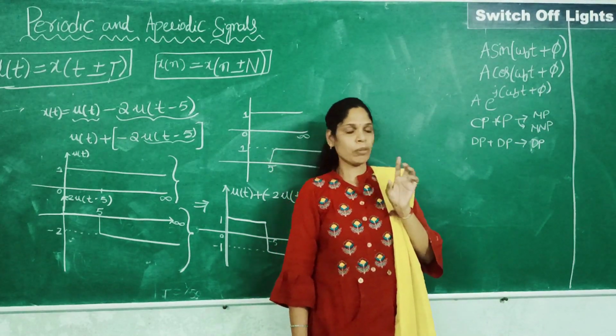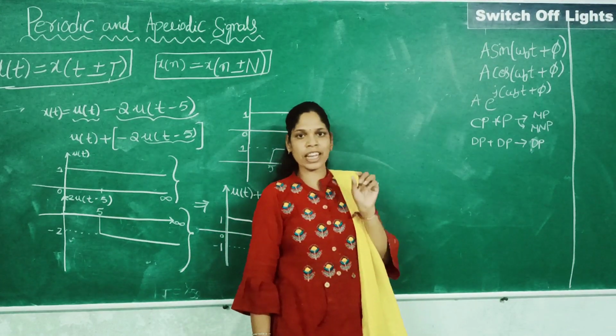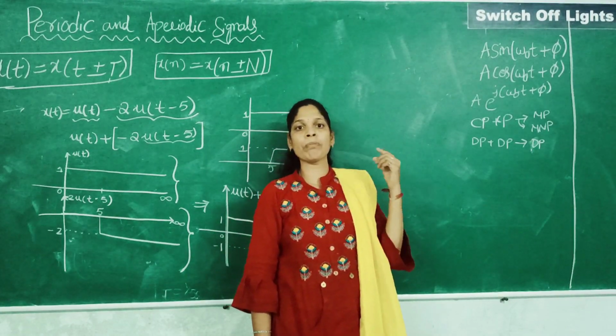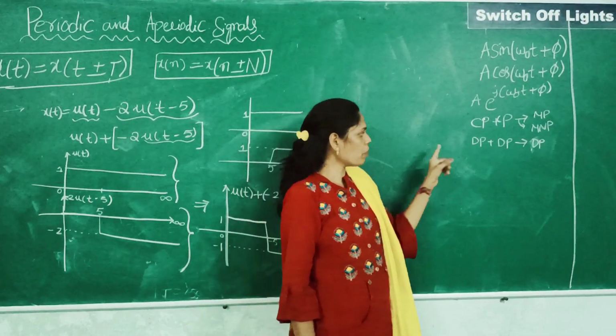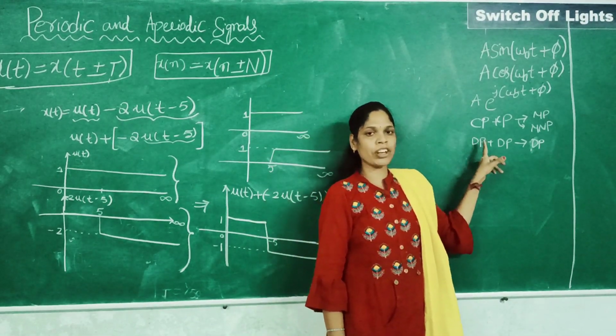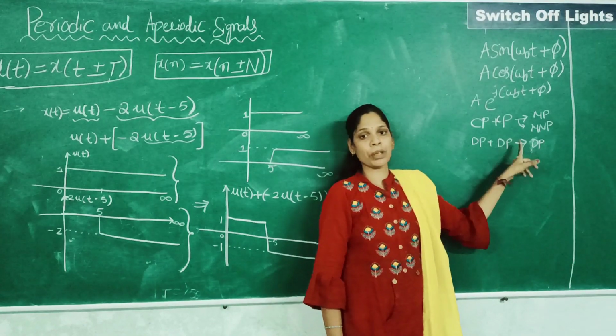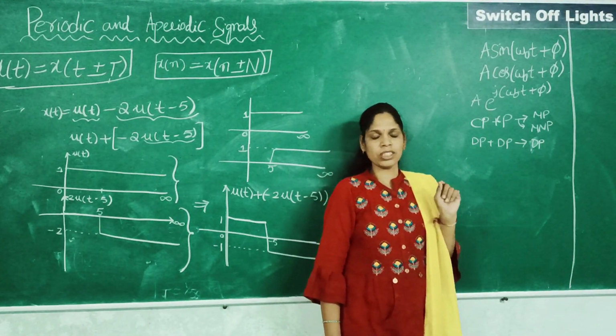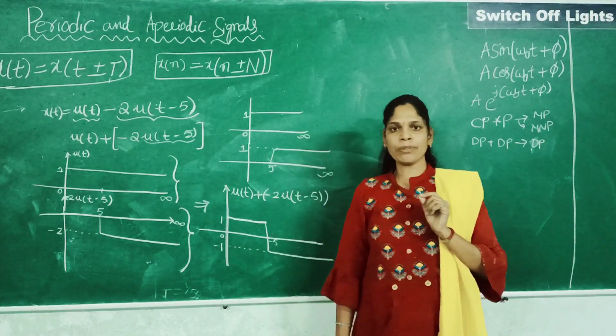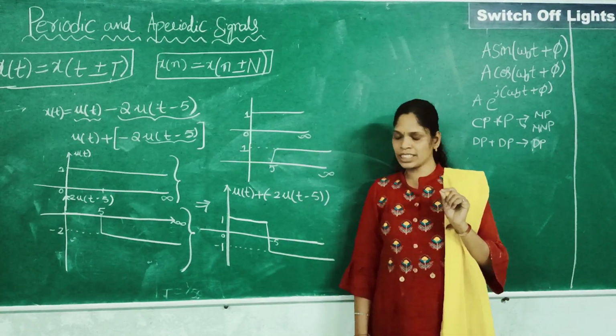One more point: if two continuous time signals are added, the sum may be periodic or aperiodic in nature. And one more point: discrete time periodic signals, when added, are always periodic in nature. This is a detailed description of periodic signals.